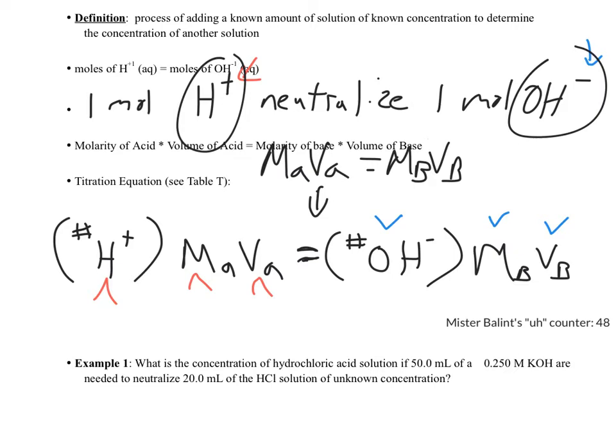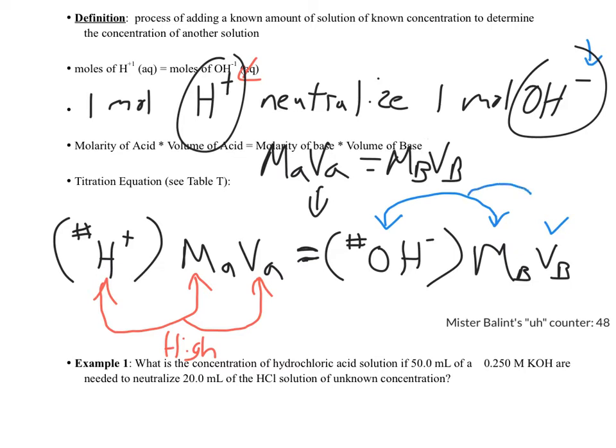If you think about it, if I have a very concentrated acid, that means a lot of H plus ions, right? And maybe I also have a lot of that acid. So all three of these things are maybe really, really high. On the other side of the equation, maybe I have very few hydroxide ions. And maybe the strength of my base is not very high because I don't have a lot of hydroxide ions.